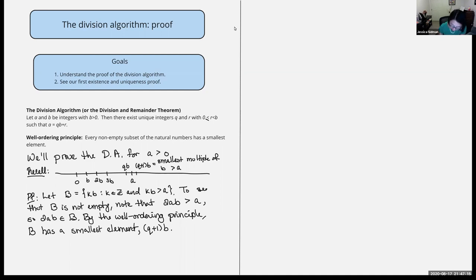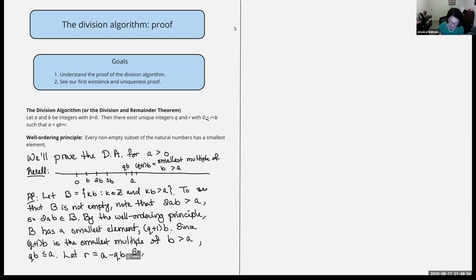So now since (Q plus 1)B by definition is the smallest multiple of B that is greater than A, QB has to be less than or equal to A. So QB is less than (Q plus 1)B, so it has to be less than or equal to A. And now I'm going to say let R equal A minus QB, okay?